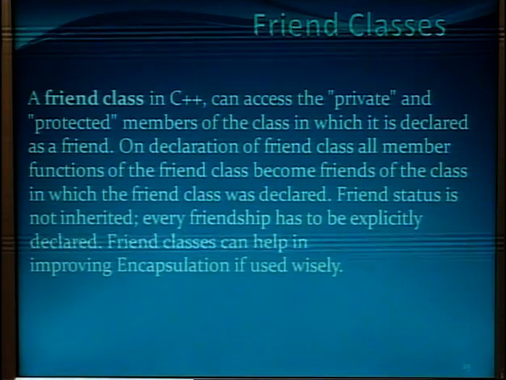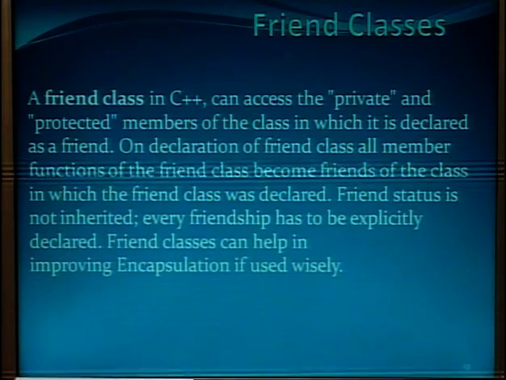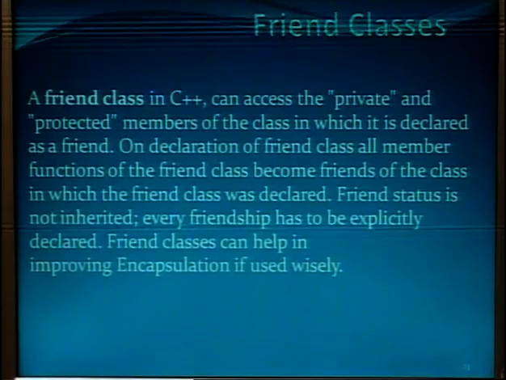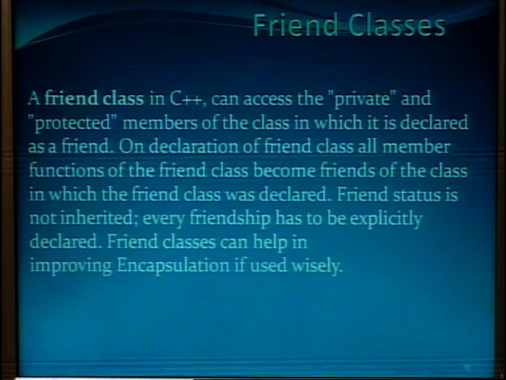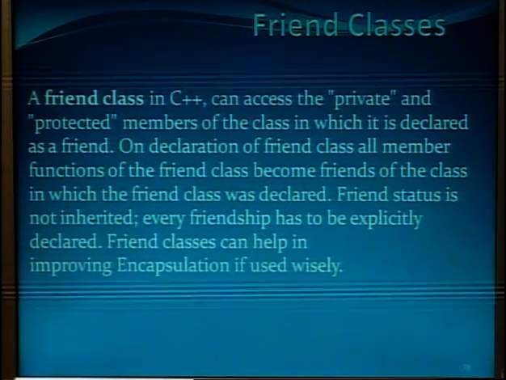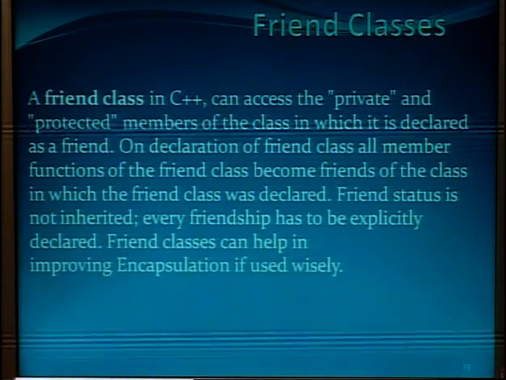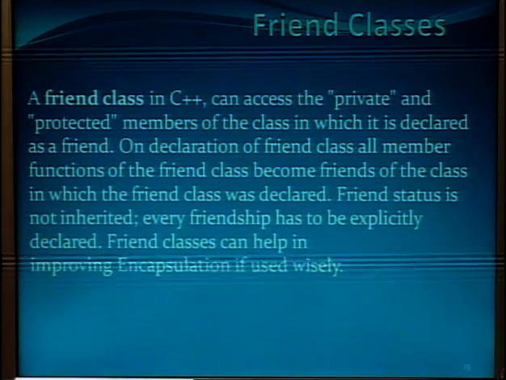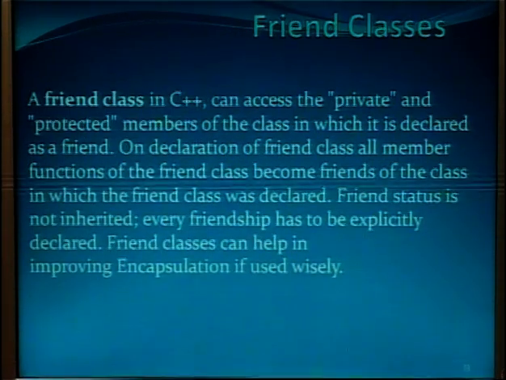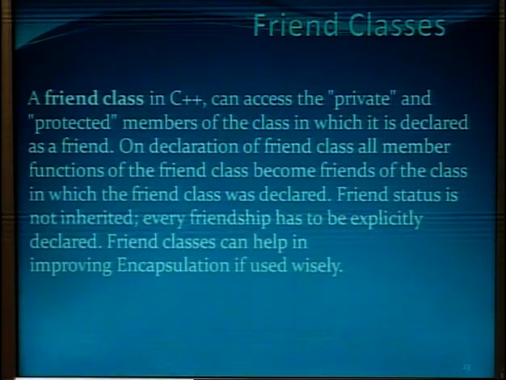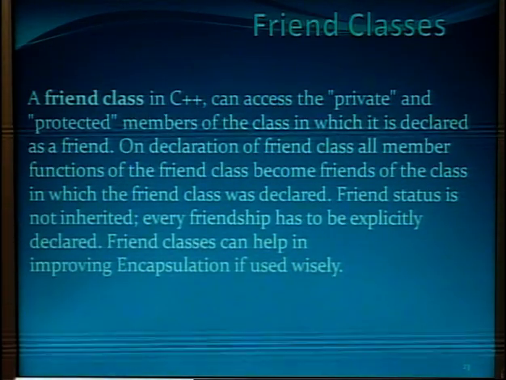On declaration of a friend class, all the member functions of the friend class become friends of the class in which the friend class was declared. Friend status is not inherited. Every friendship has to be explicitly declared.